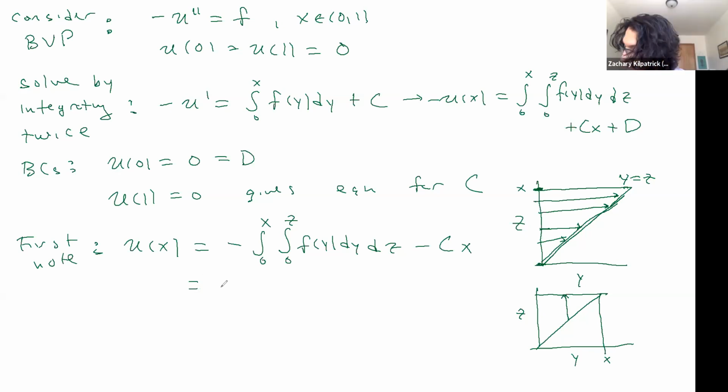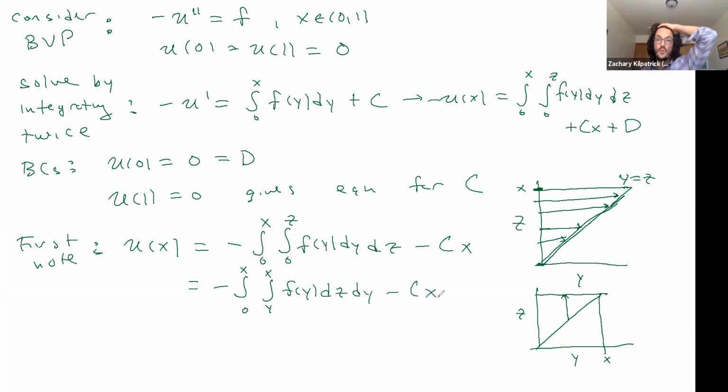So what do we get? We get the integral from 0 to x, and the integral from y up to x now of f(y) dz dy, and then I still have this trailing minus cx. Now, why is that helpful?